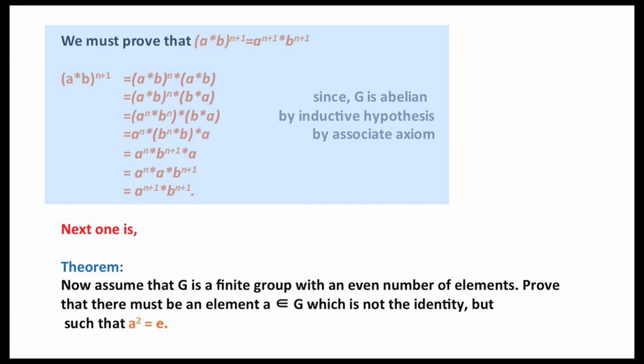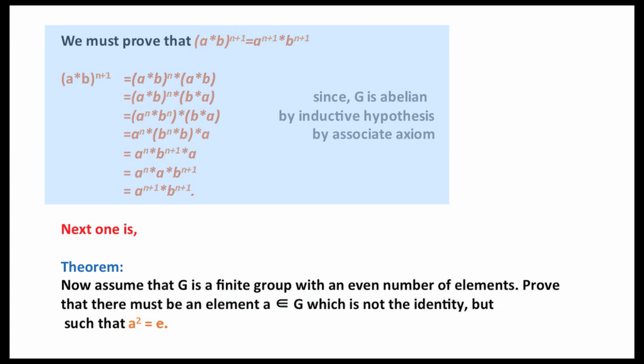We must prove that (ab)^(n+1) is equivalent to a^(n+1) b^(n+1). (ab)^(n+1) is equivalent to (ab)^n ab.